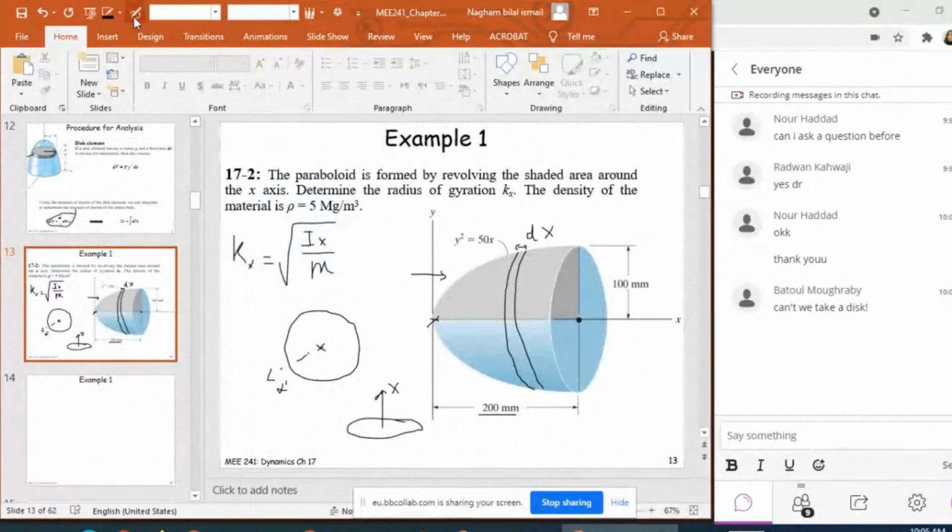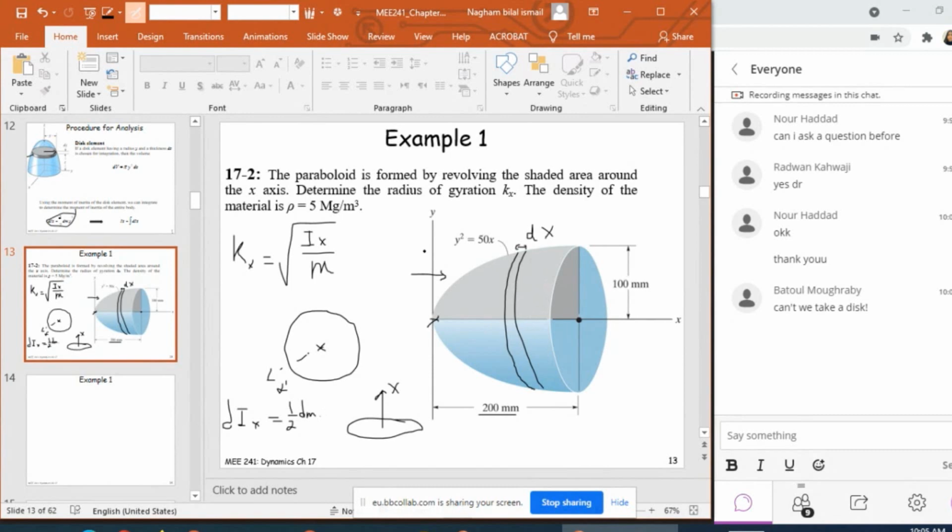Right? So dIx of this thin differential volume is equal to half dm r squared. I cannot say it's half M, because this is my differential volume, so it is half dm r squared. Now, what is r squared here?